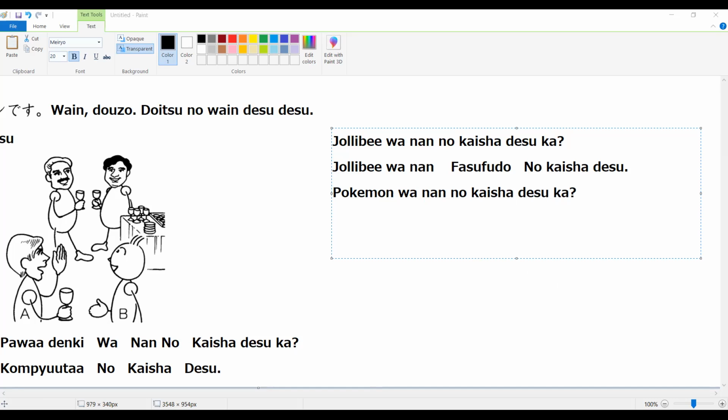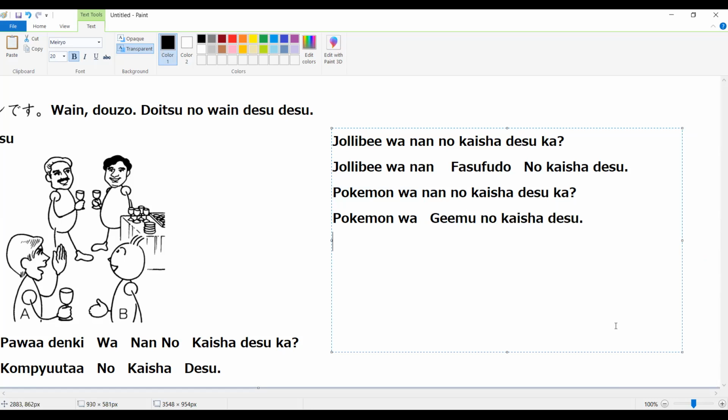What company is Pokemon? Okay, good. Very good. So what kind of company is Pokemon? Game. Okay, game, right? So Pokemon wa game no kaisha desu. はい、よくできました。What else can we have for this one?